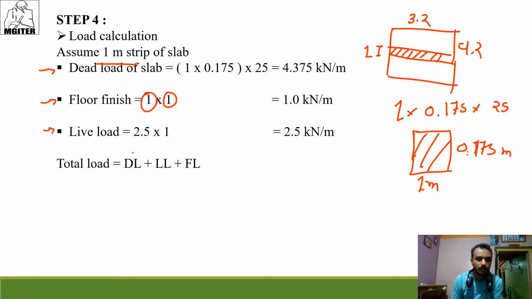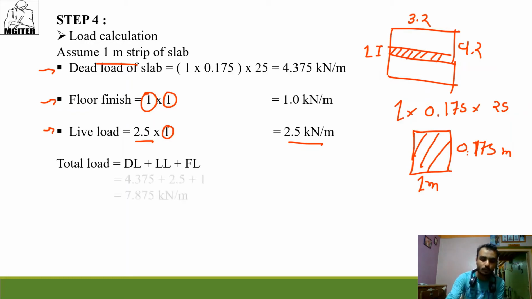Then the live load is 2.5, which is given in the example, into 1 meter strip, so 2.5 kilonewton per meter. So these are the loads which we applied on the slab.